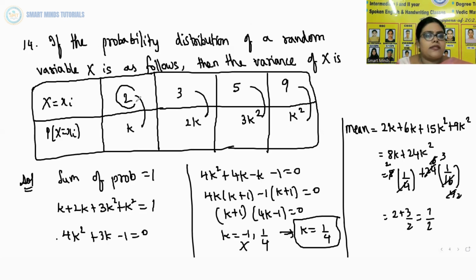First you square this and multiply with this, plus you square this, multiply with this, then again a plus sign, square this, multiply with this, and so on we will continue.